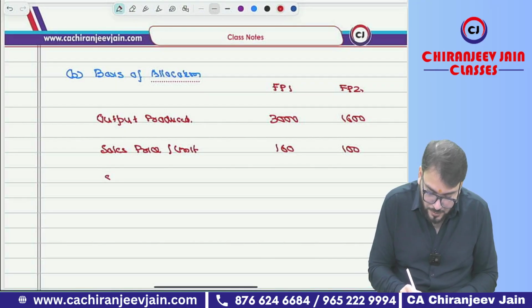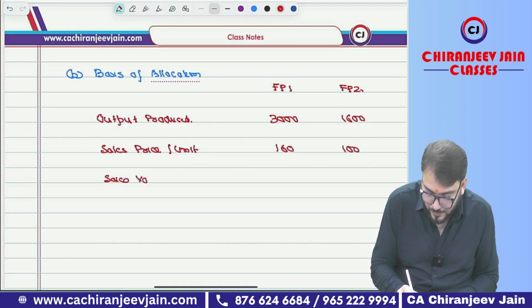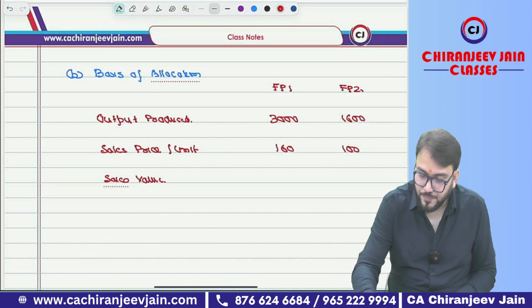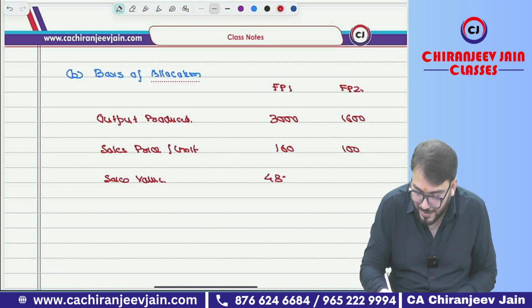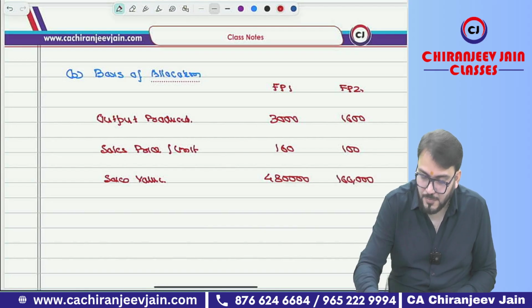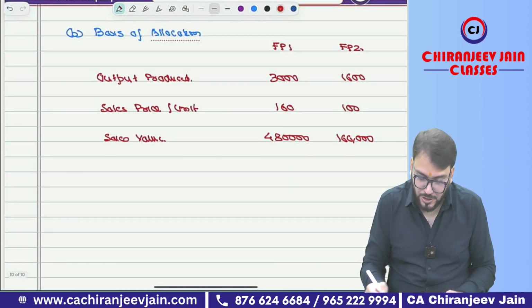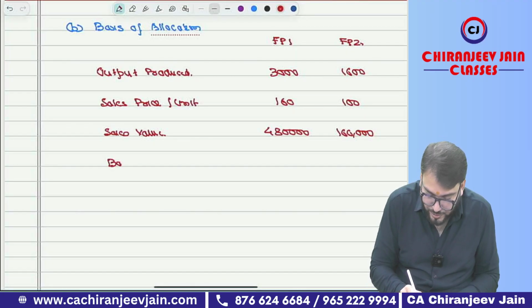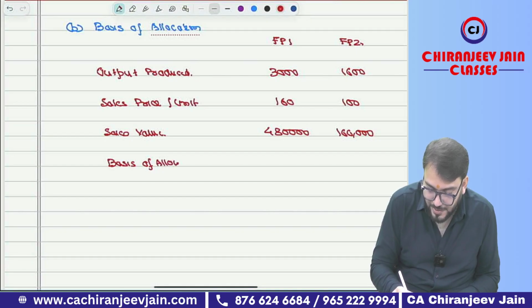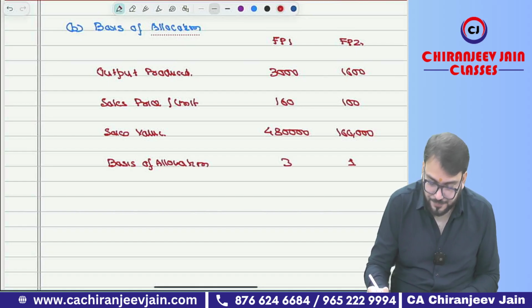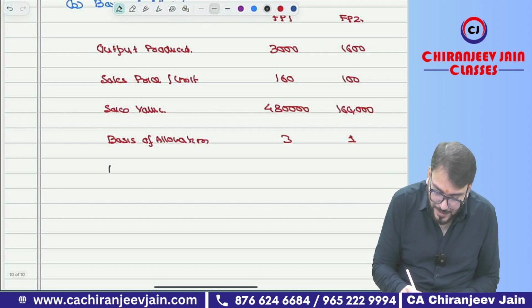Sales value: 3,000 into 160 is 4,80,000, and 1,600 into 100 is 1,60,000. So the ratio of allocation will be 3:1.